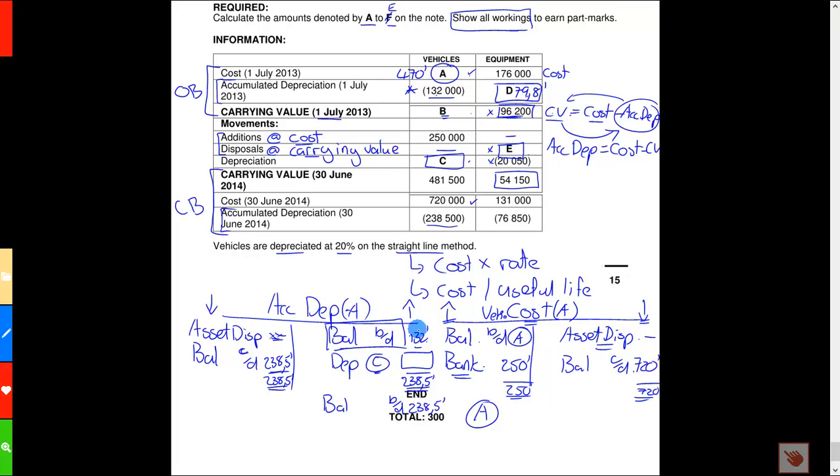On the accumulated depreciation account, it is disposals and depreciation. And then the movement in the carrying value is represented by these three movements together. So if you take the opening carrying value, you add or subtract these three movements, you're going to get to your closing carrying value. Great.